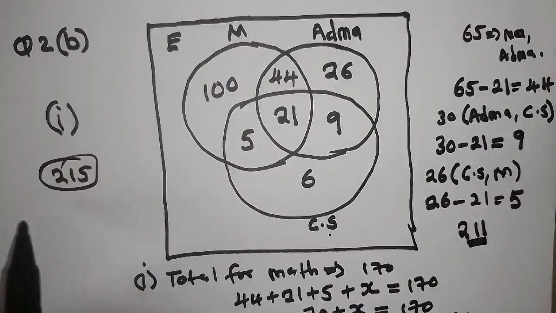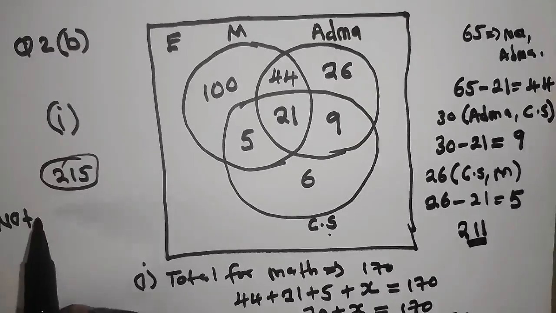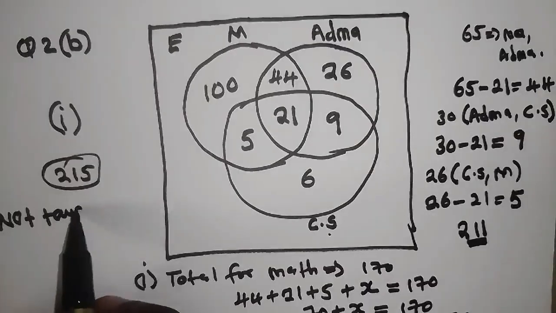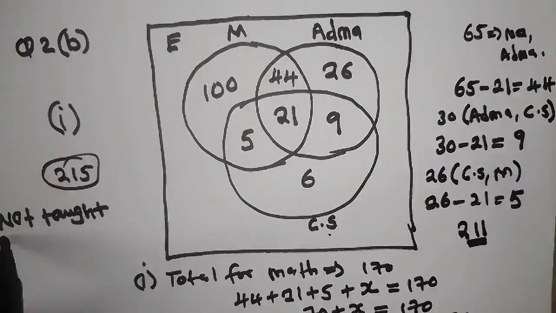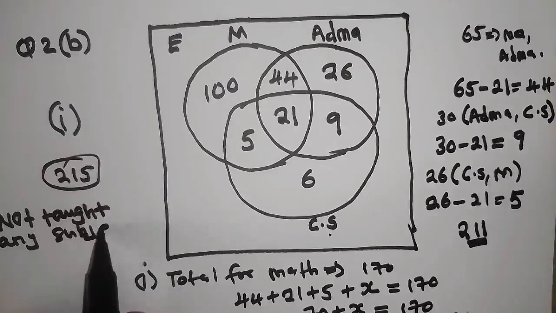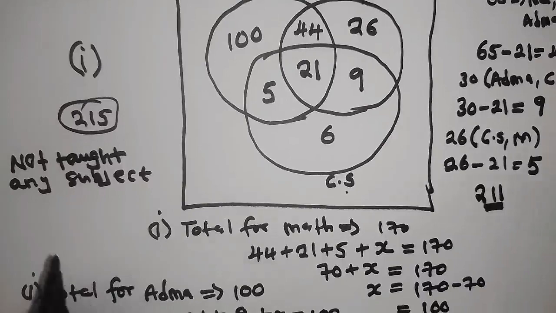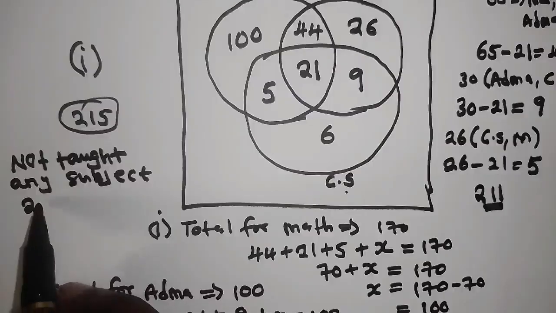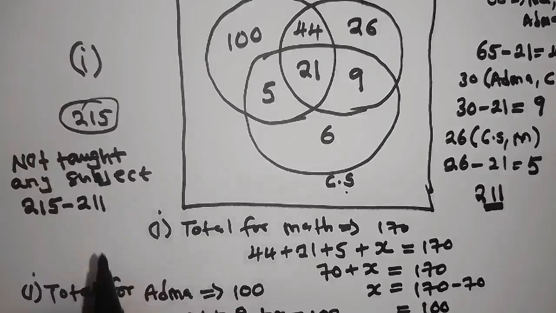So what you do is you can just say not taught any subject. So not taught any subject, what you can do is just 215 minus 211.